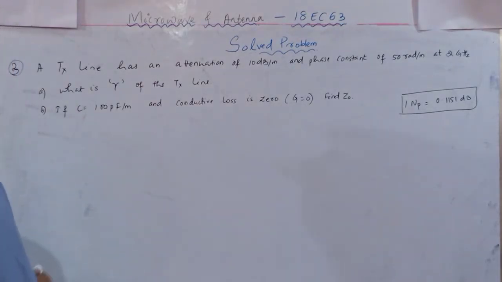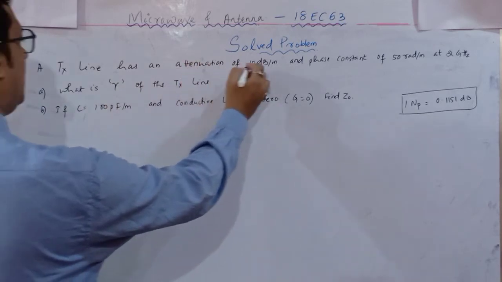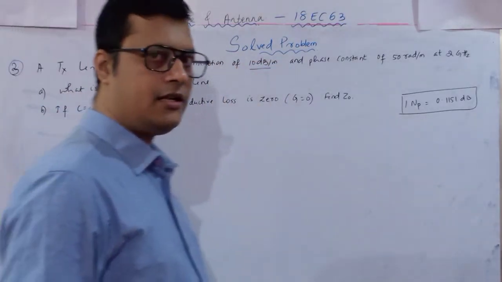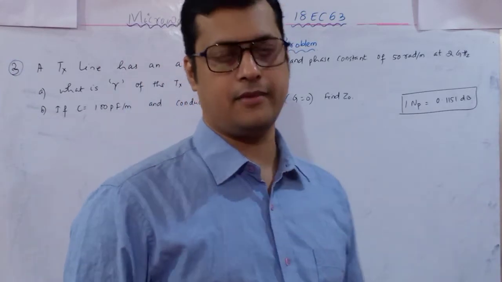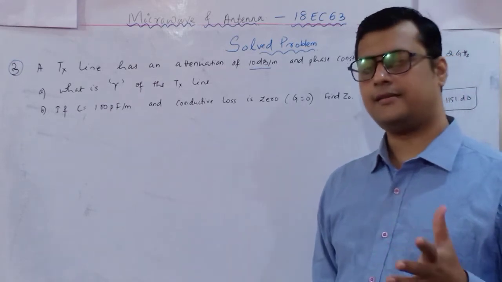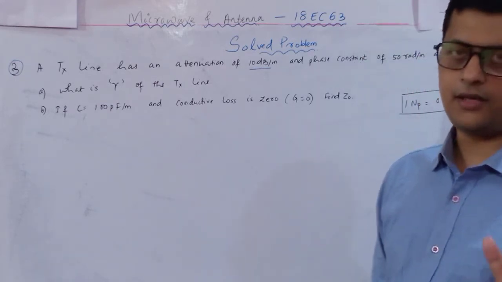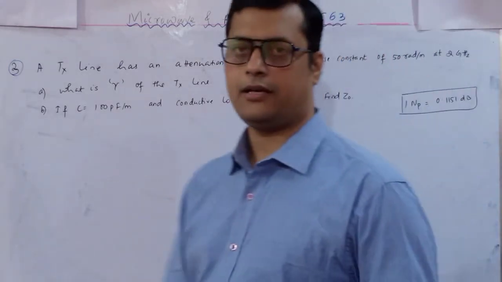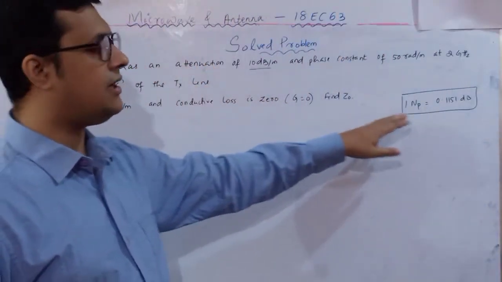Here I have written, a transmission line has an attenuation of 10 dB per meter. Now basically the attenuation factors are measured with Neper per meter. Now it is given in terms of dB per meter. So there is a relation with dB and Neper, that 1 Neper is equal to 0.1151 dB. I have written here. This is the basic relation. Remember this.